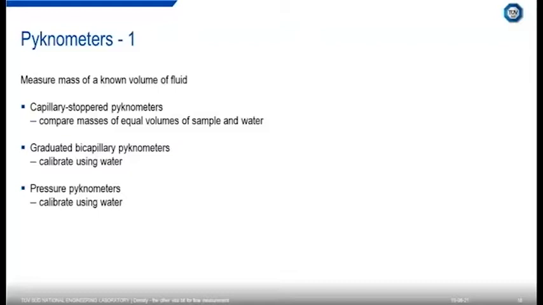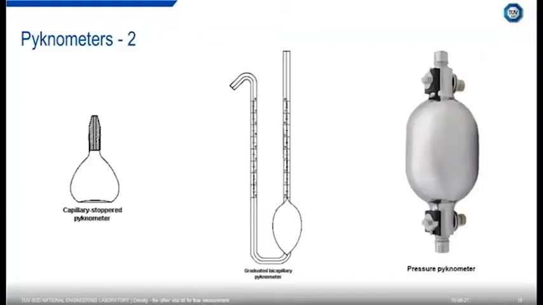So what do these pyknometers look like? On the left, we've got the capillary stoppered pyknometer, and you can see the fine capillary in the stopper there. The reason for that is that you want to be able to fill the vessel consistently to a known volume, having determined that volume by calibration with water.